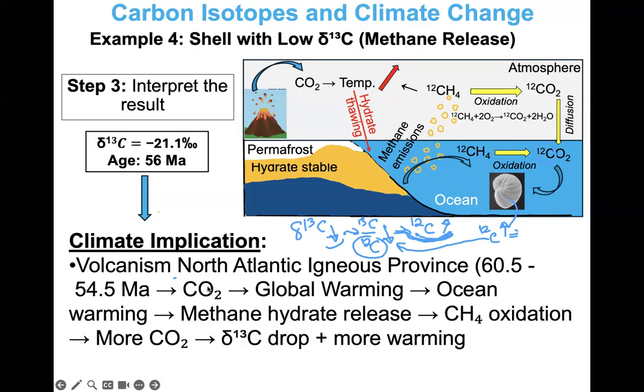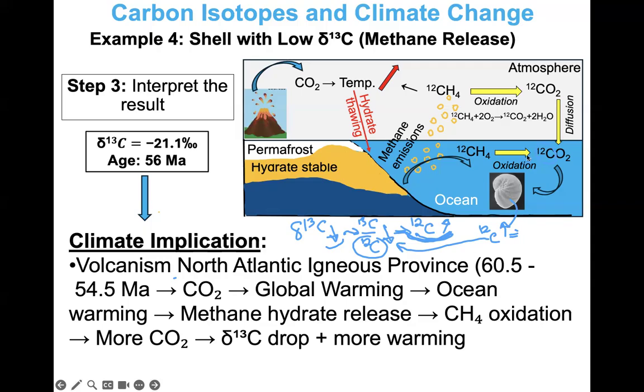So again, we have volcanism. This is a loop here. Volcanism causes more CO2. More CO2 causes global warming. And global warming causes ocean warming also. And ocean warming causes methane hydrate release. It will thaw, it will melt, and this will release CH4.